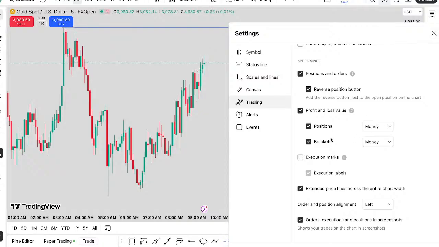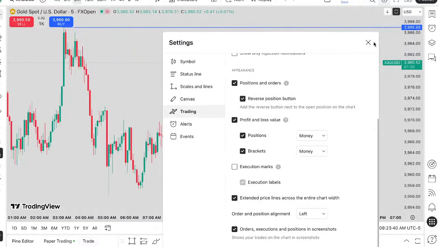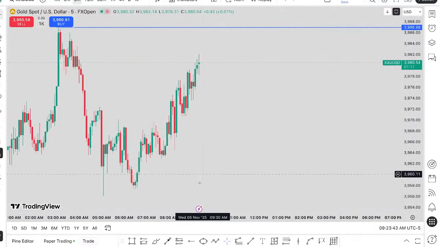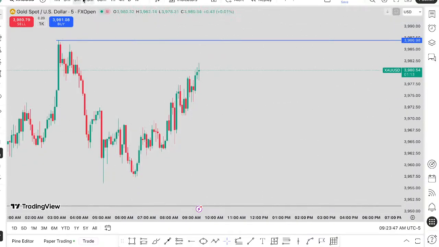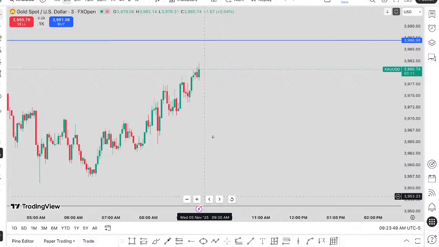Okay, let's clean it for a while. Okay, so the premise is we are moving above, we're dropping into the 5 minute time frame.